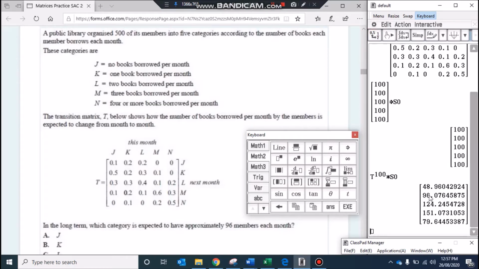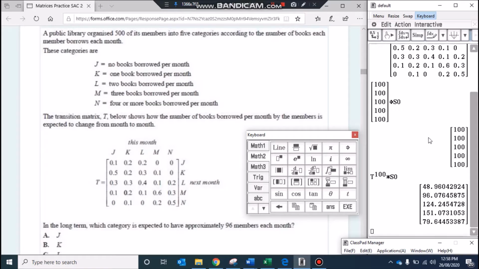Yep, 96 again. The fact that it hasn't changed between 10 and 100 steps makes me assume that this is our steady state matrix, and category K, because this is the second row in our steady state matrix, and K is the second row here. So that would be K.